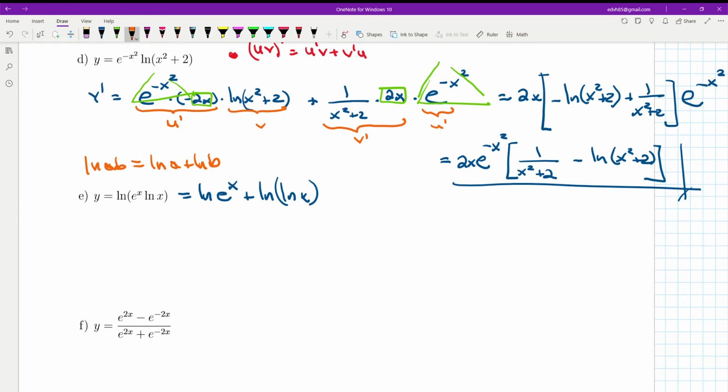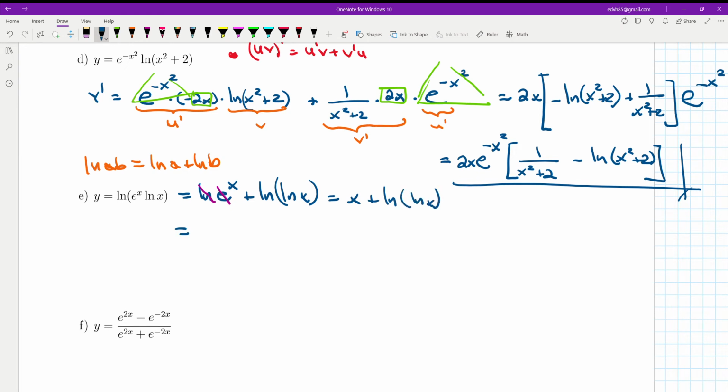So what are we going to obtain over here? Number one, ln of e to the x, the ln and e cancel each other. That's something you may have reviewed in the videos from the previous module, in which we reviewed how to work with exponential functions and logarithmic functions, how they are inverses of one another, and also the properties and solving equations. So we reduce this into x plus ln of ln x.